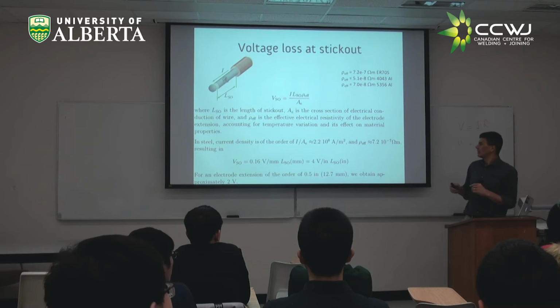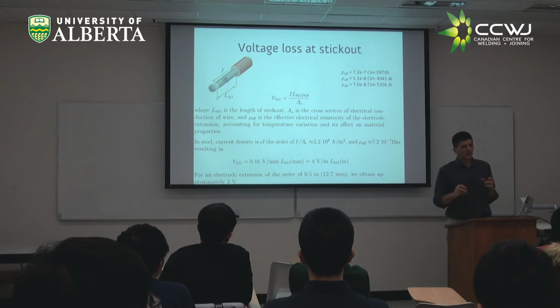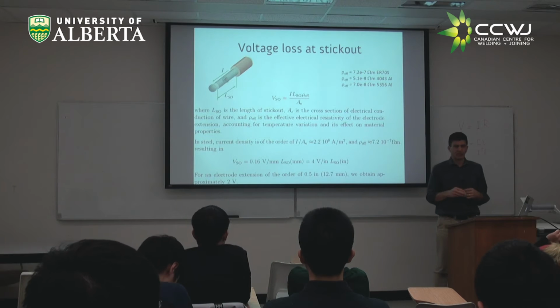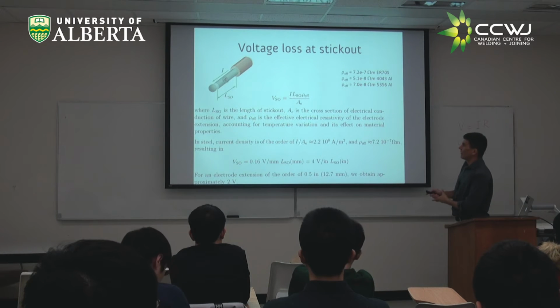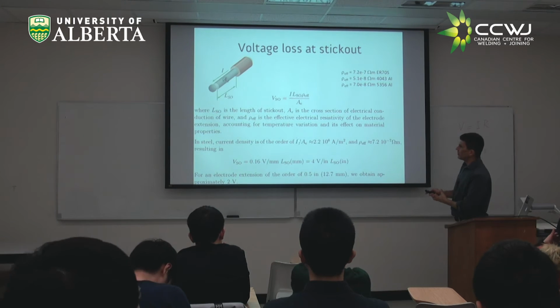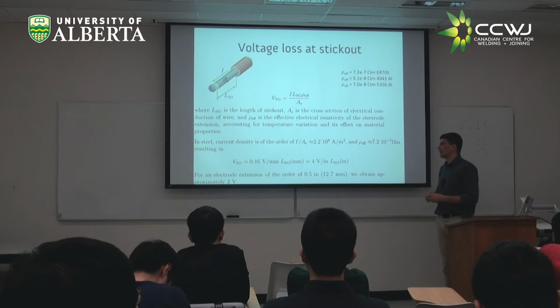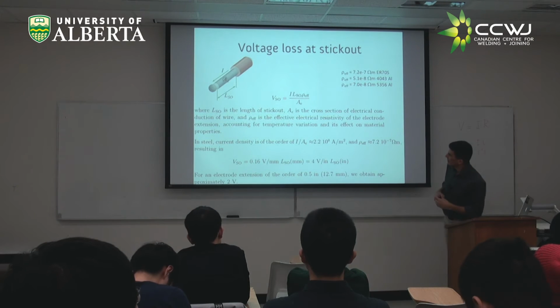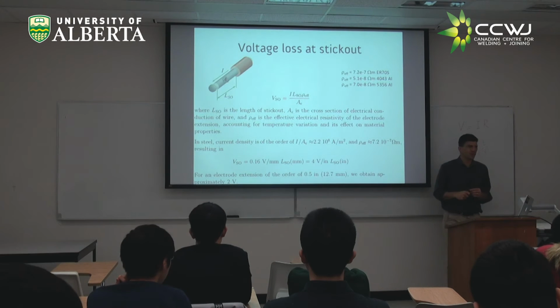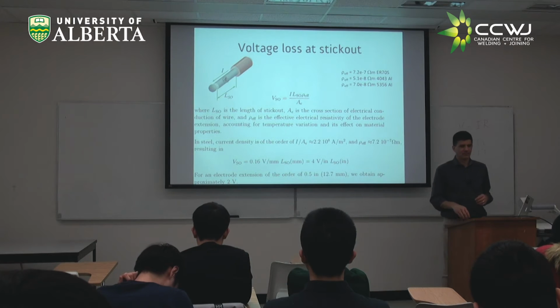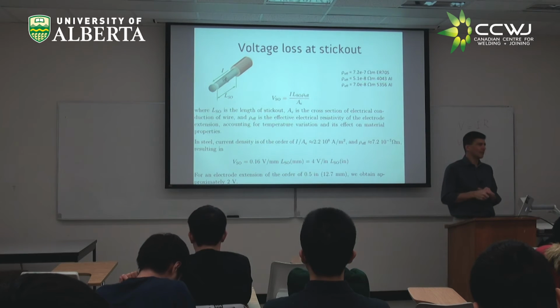Okay. So if you look at a bunch of suggested welding parameters, what you're going to see is that for MIG, the current density, the current divided by the cross-sectional area, is more or less this number I have here. 2.2 times 10^8, so 220 million amps per square meter, right? 220 amps per square millimeter.